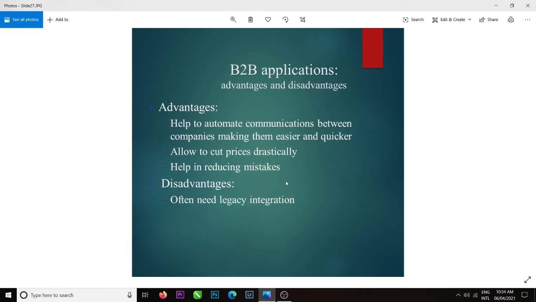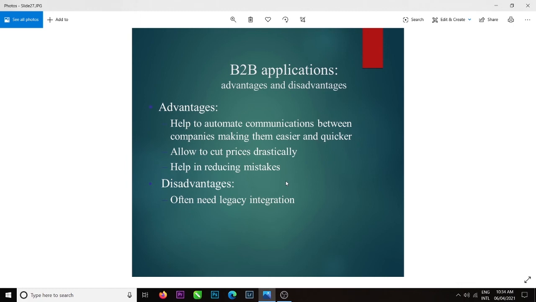Come to the advantages. Automate communication between companies, making it easier and quicker. I already told the example. In Kerala, they also started their own government markets. So either Santoor or Wipro will supply to the government, which makes it easier and quicker for them.